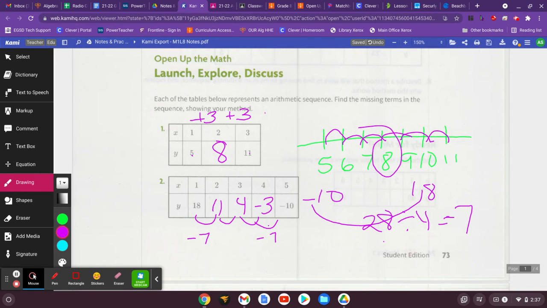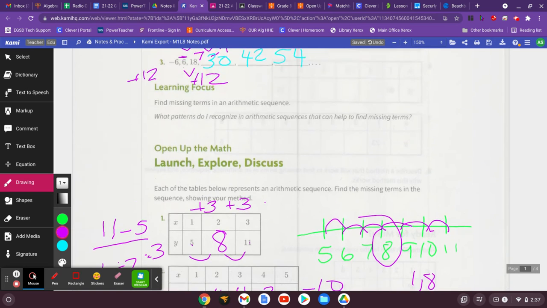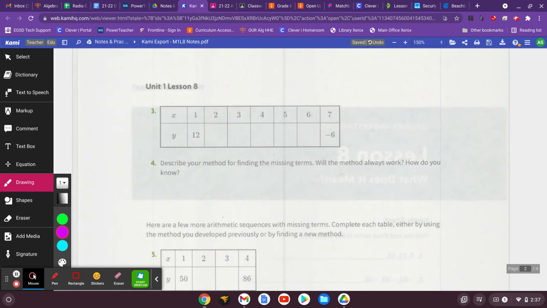So notice how I can split that up into chunks. Does that work up here on the first one? If I take 11 to 5, that's 6 apart, and I have 2 jumps, that equals 3. Let's see if we can try it on our next one. Here I'm going from 12 to negative 6.